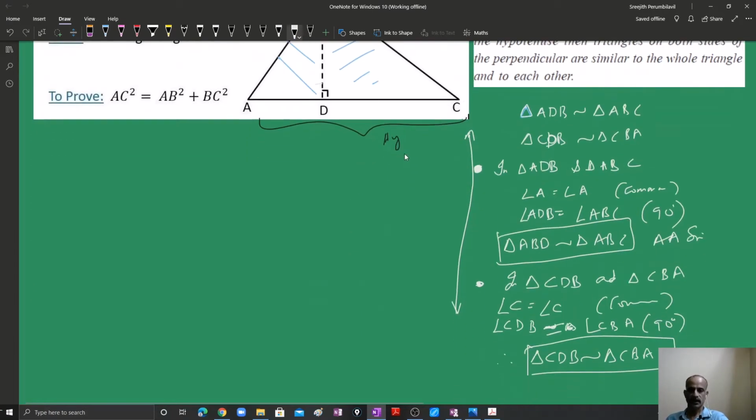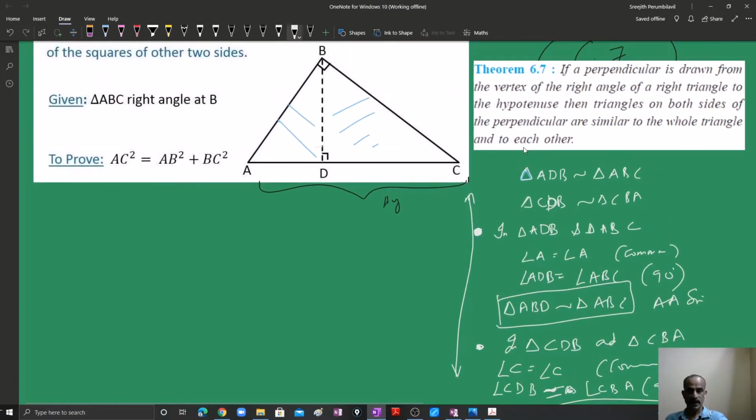Now we will prove the other thing, what is remaining: and to each other. That means this triangle is similar to that triangle. In order to prove that, this angle is 90 degrees. This angle is taken as theta. So what about this angle?